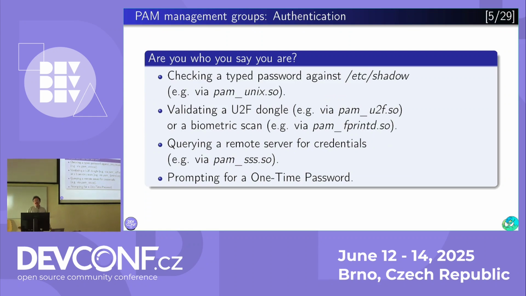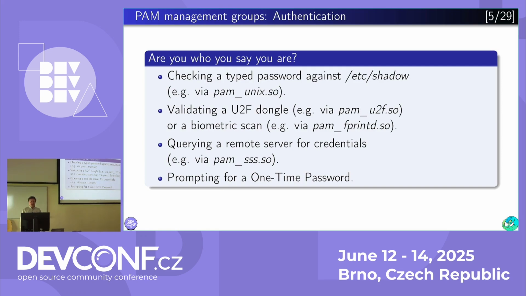Because this is so important, I'll talk about this in a bit more detail. So authentication, which answers the question, are you who you say you are? There are classic modules for this that check the password according to the shadow entry.